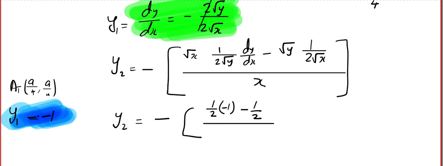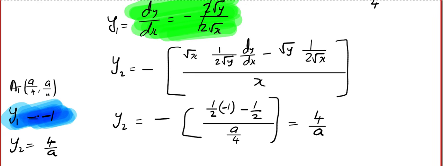The whole divided by x coordinate is a by 4. This will be, use a calculator, it's going to give you 1. So 4 by a. So that's it. We got y2 is equal to 4 by a. Let's color it in blue.